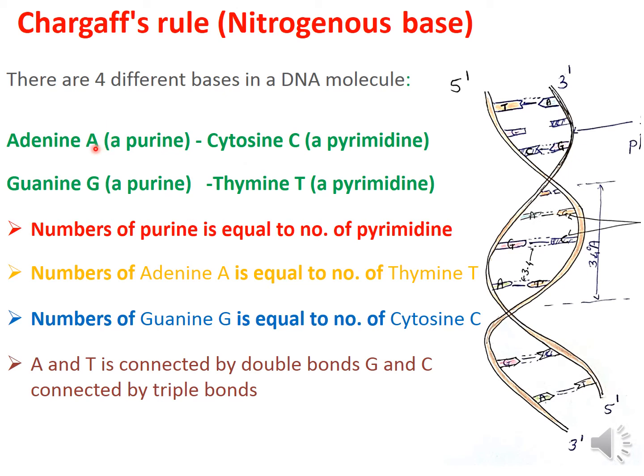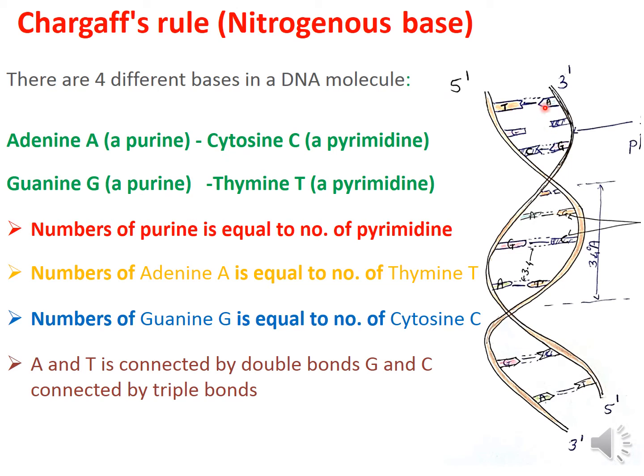So adenine is always connected with thymine, and guanine is directly connected to cytosine. They are connected to each other as AT and GC. Hence, the number of purines is equal to the number of pyrimidines.